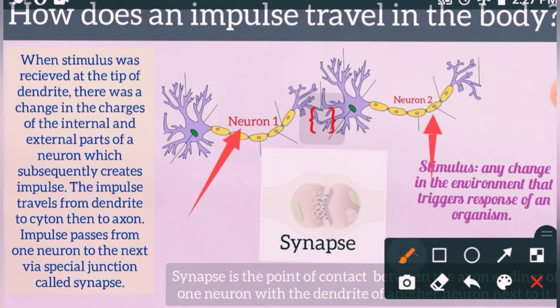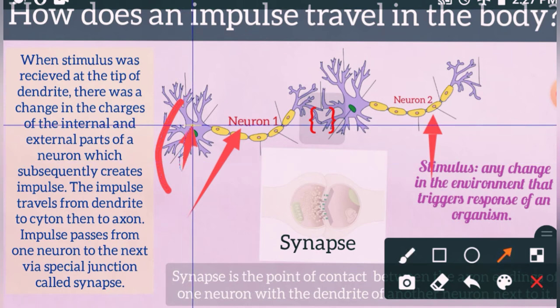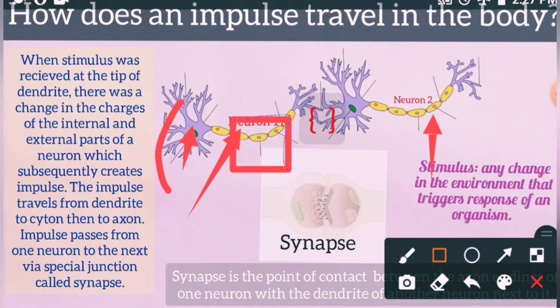Remember, this area is the dendrite, this is the cyton, and that is the axon. Same thing here: dendrite, cell body, and axon.